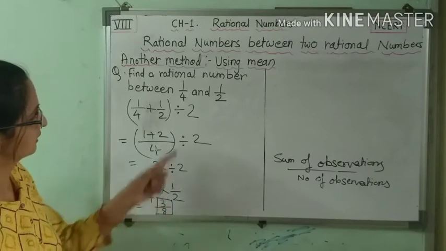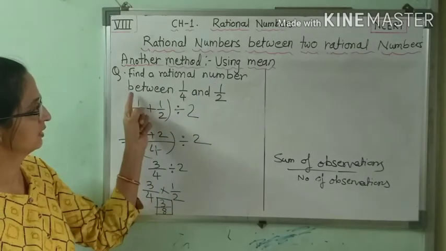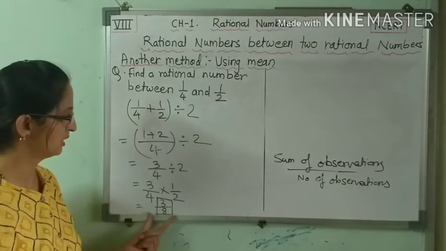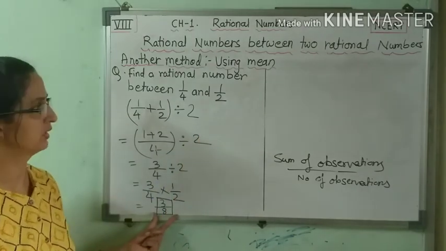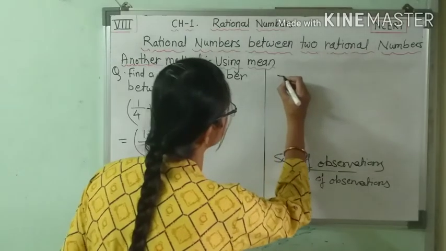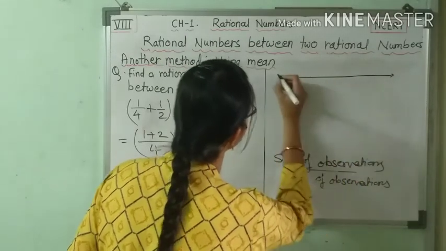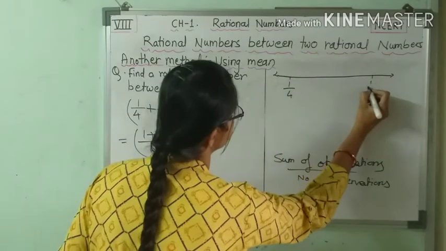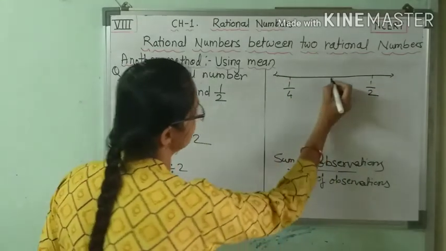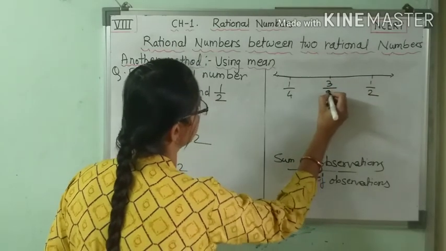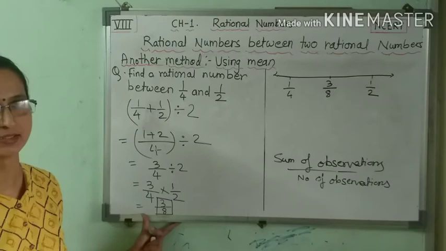This is the rational number that lies between 1 upon 4 and 1 upon 2. So this is the midpoint of these rational numbers. If I draw a number line, with 1 upon 4 here and 1 upon 2 here, then this middle point is 3 upon 8.